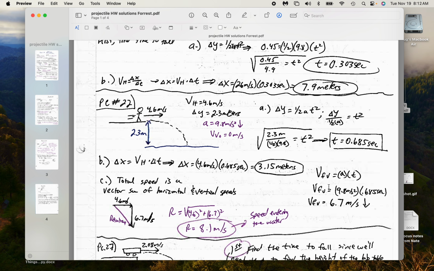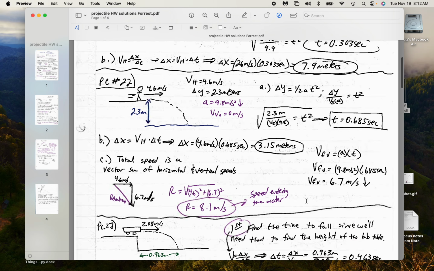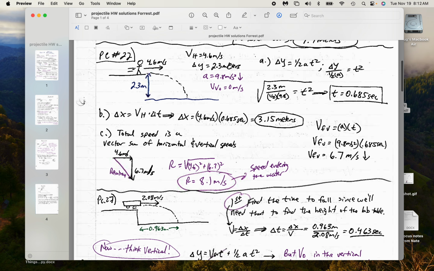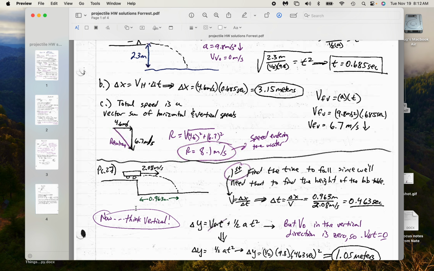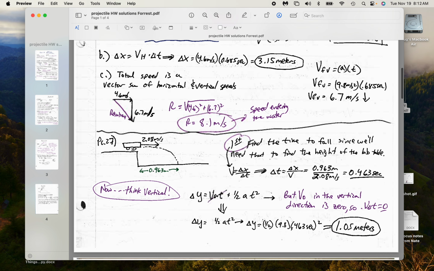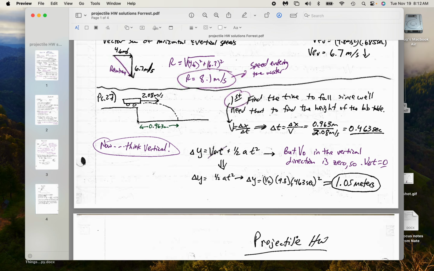And since we know the time that he's in the air, we know our final vertical velocity is 6.7. So then the actual speed, which is a vector resultant, is using the Pythagorean theorem, 4.6 squared plus 6.7 squared, take the square root of that. And that's 8.1 meters per second. We could also have figured out the angle at which he hits the water. I didn't ask that. For PC27, that's the third problem.